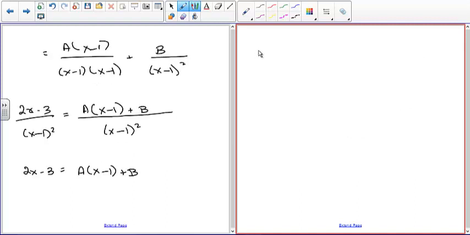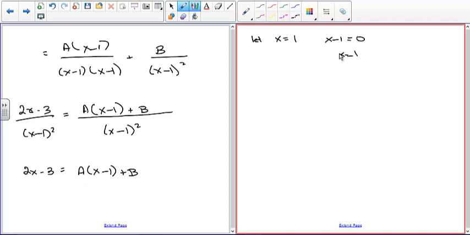So what you can do is solve for b by setting x equal to 1. So we're going to let x equal 1. That's because we want the case where x minus 1 equals 0 so that a disappears from our calculation.